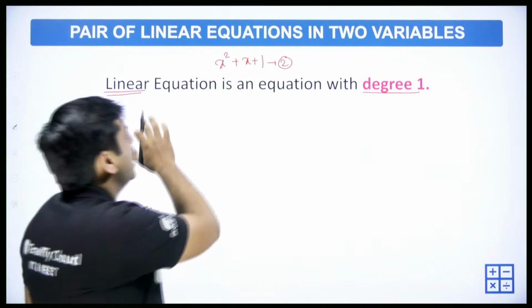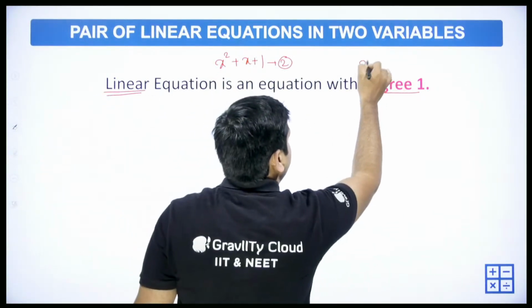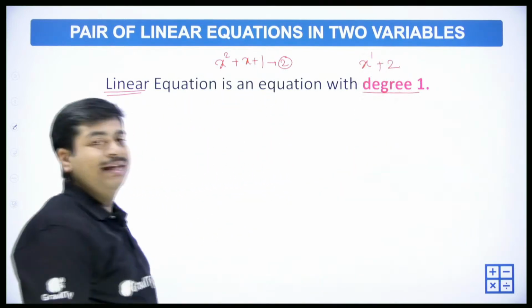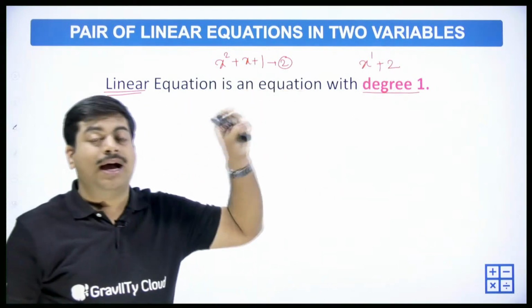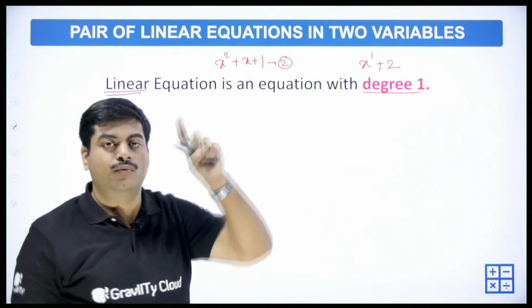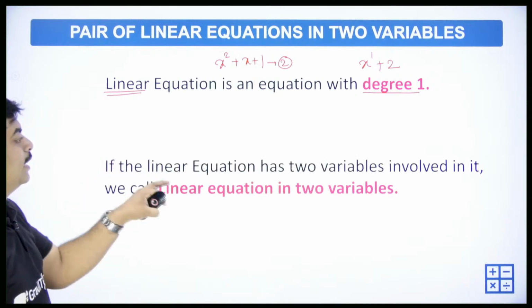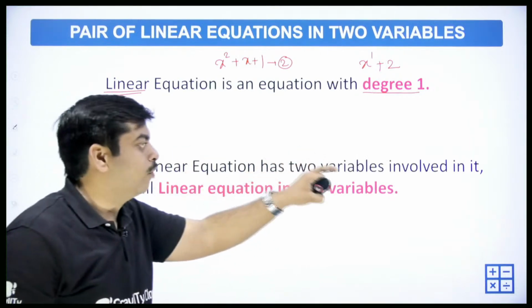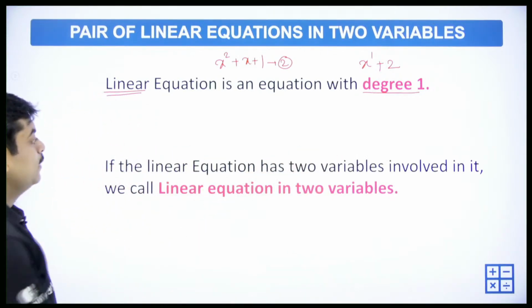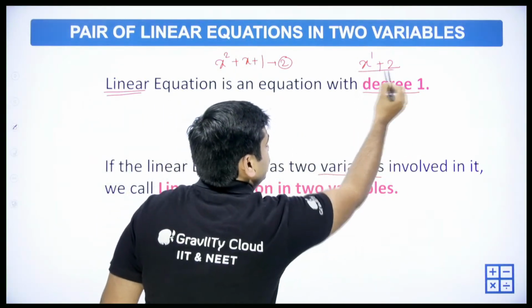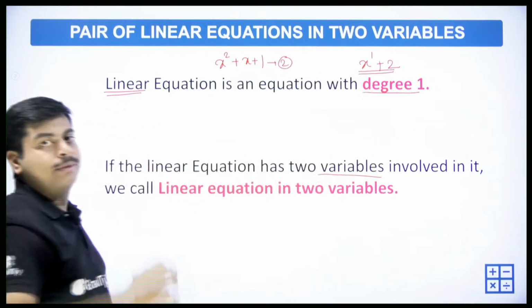In the same way, a linear equation is degree 1. So x power 1 plus some 2 is an expression with degree 1. The highest index should be equal to 1, right? Here I discussed the example with only 1 variable.